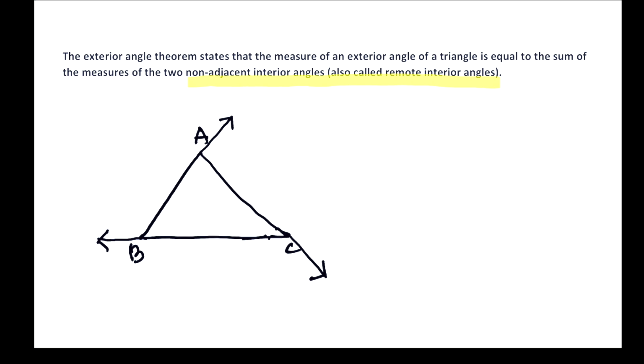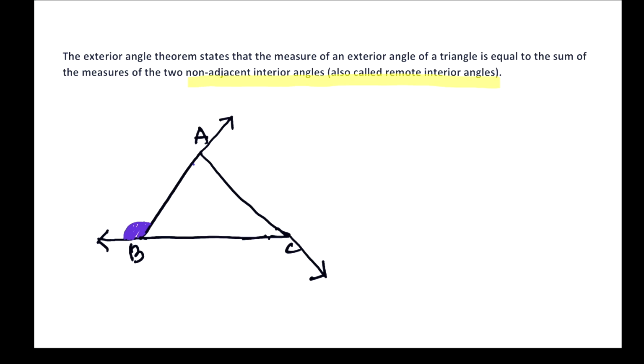So when we extend this side, this exterior angle forms. The adjacent interior angle is B. But the exterior angle theorem says this angle is equal to the sum of the two non-adjacent interior angles.